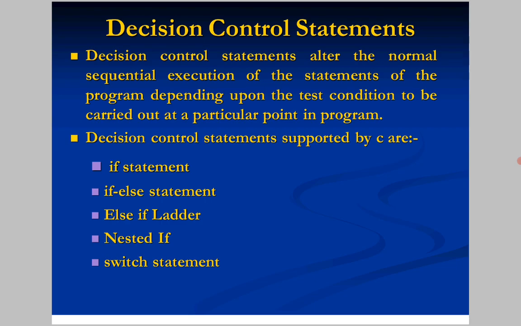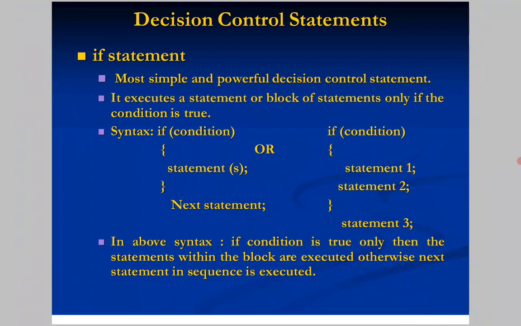Second one is the if else statement. Third one is the else if ladder. Fourth one is nested if. Fifth one is the switch statement. We will discuss all five decision control statements one by one.